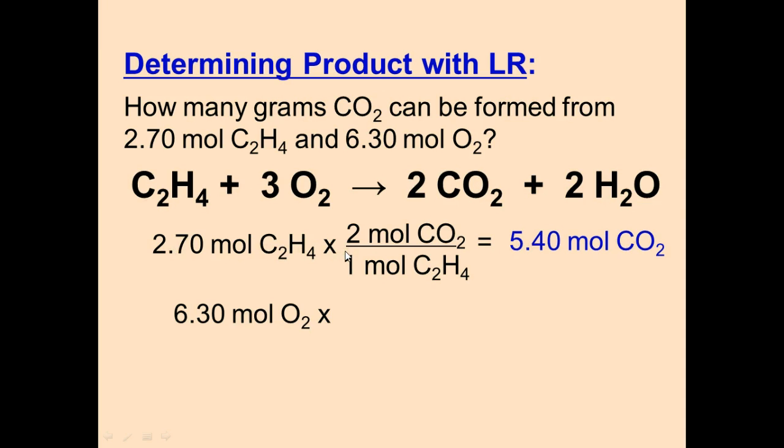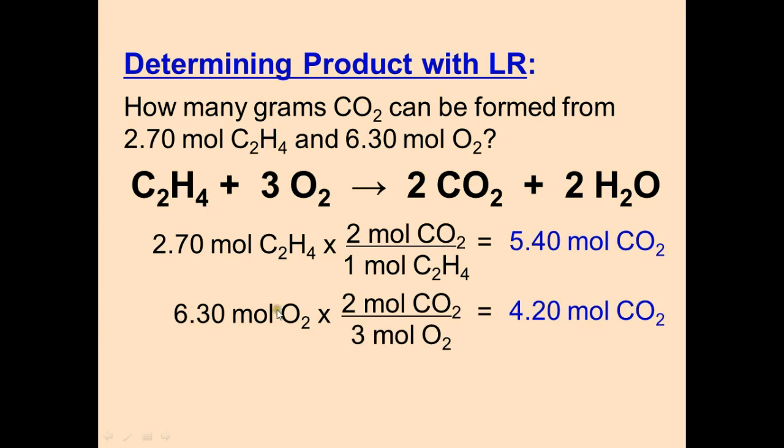Then we do it with O2, same exact thing. Moles of O2 goes on the bottom because it was on the top, so we have 3 moles of O2 and then 2 moles of CO2, which goes on the top. And so we multiply by 2, 6.3 times 2, and then divide by 3, and we get 4.2. And so if you remember, the one that produces the least amount of product is limiting.